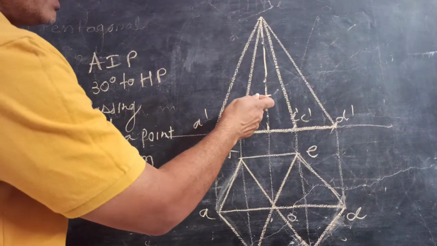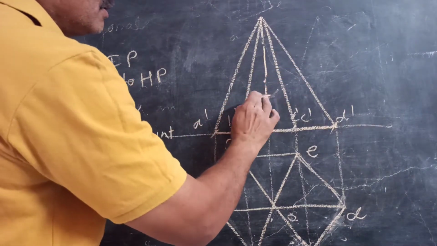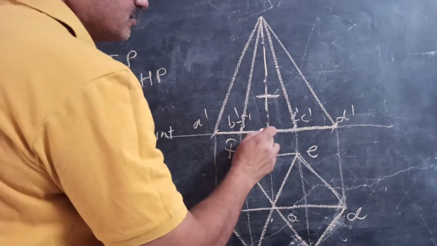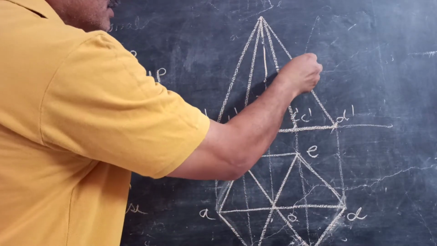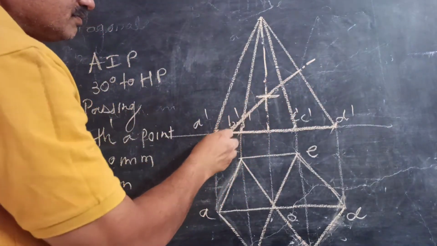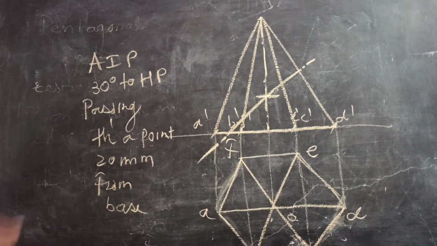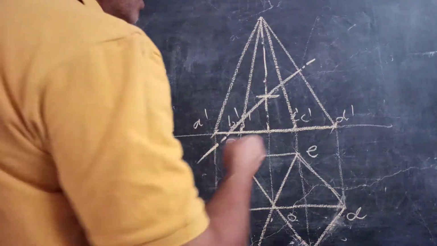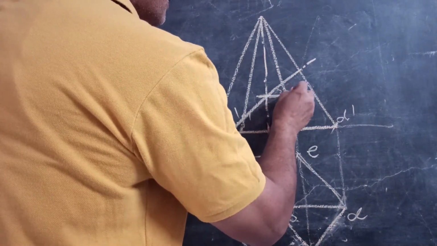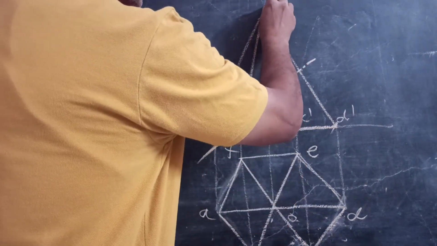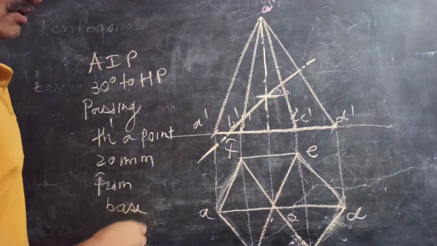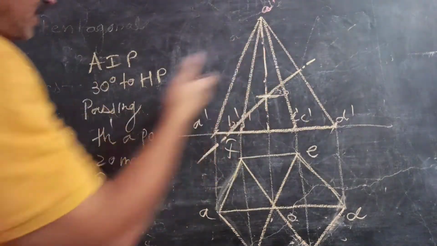At this point you can draw a line 30 degrees inclined to the base line, like this. This angle must be 30 degrees. This is O dash, that is the apex. It is given that it is cut by an AIP.